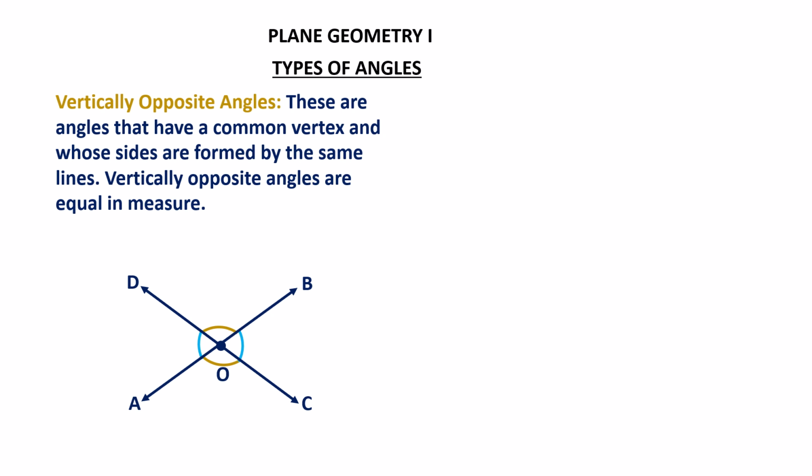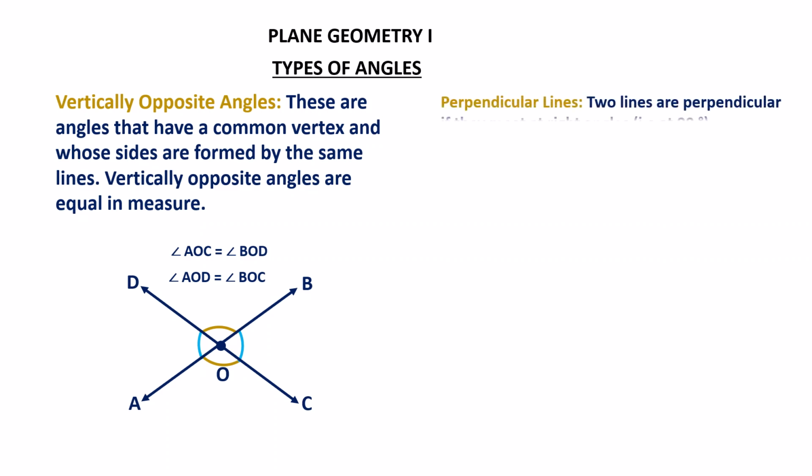Let's consider our diagram in the video. You can see that angle AOC and angle BOD are vertically opposite, therefore they are the same. In the same way, angle AOD and angle BOC are also vertically opposite, so they must also be the same.